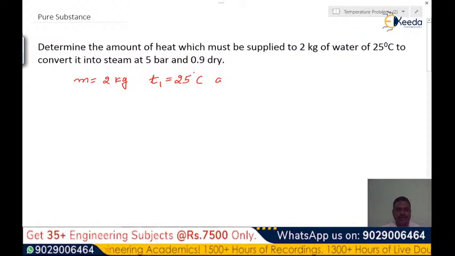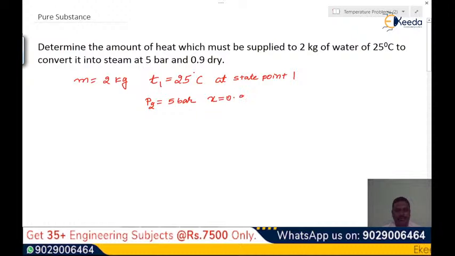At state point 2, the pressure P2 is 5 bar and the dryness fraction X is 0.9.